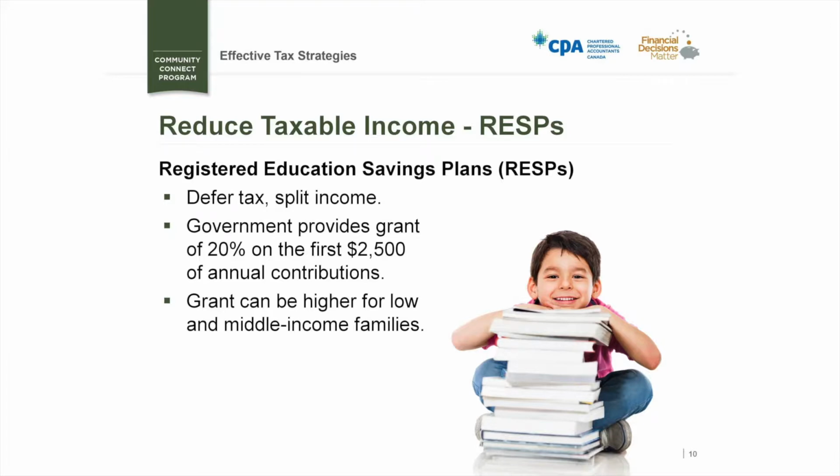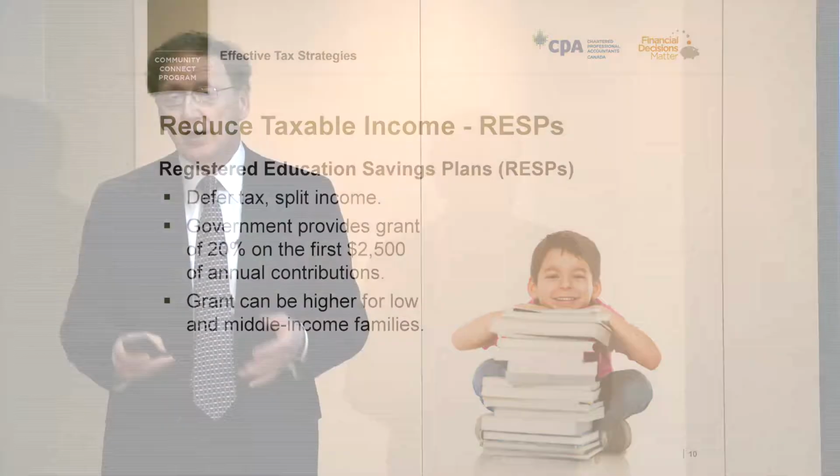And unlike an RSP, the contribution is not deductible, but the income that's earned in the plan is not taxable until it's removed, and it can only be taken out for qualified education purposes, paying tuitions for universities. When it is taken out, the person who pays the tax is the student, not the parent.